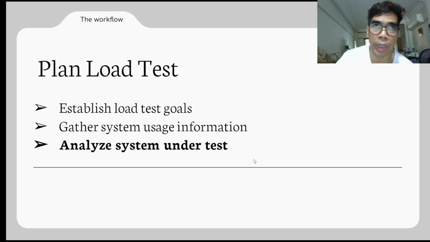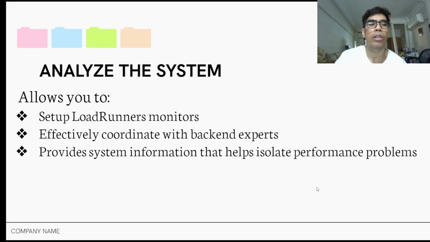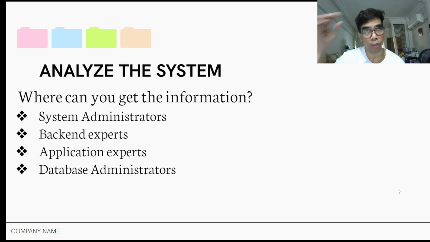Then our last step for planning the load test: analyze system under test. Analyze system under test allows you to set up LoadRunner monitors, effectively coordinate with back-end experts, and provide system information that helps isolate performance problems. So where can you get the information? System admin, back-end expert, application expert, and database administrators.